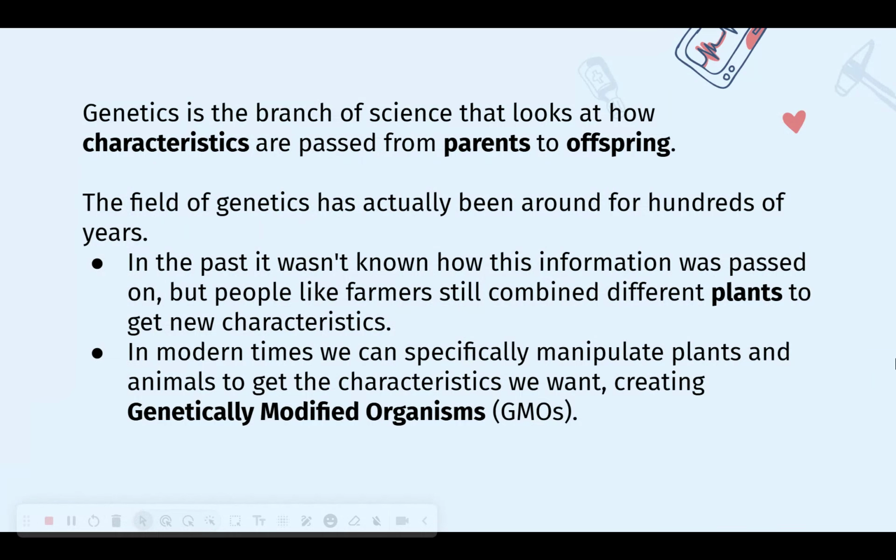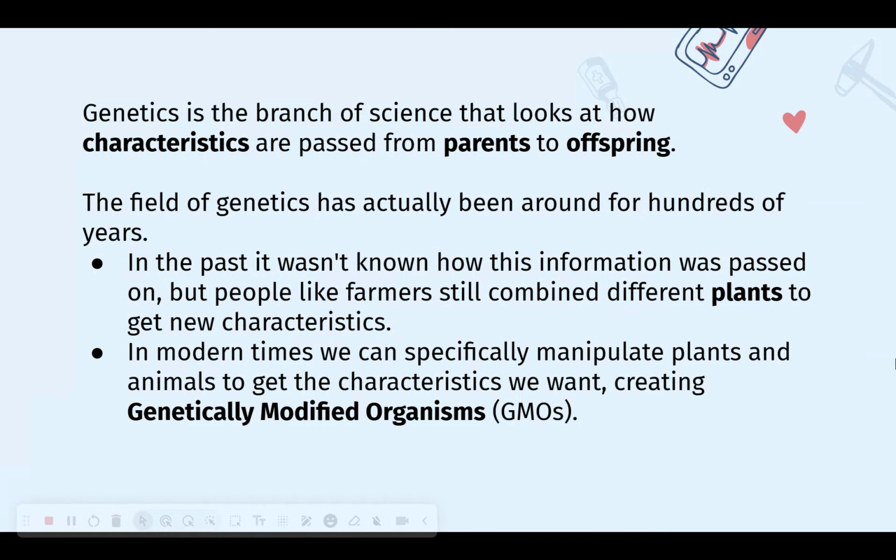So, in genetics, what we're looking at are specific characteristics that are passed on from parents to offspring. Those are the terms that we're going to use because it can be used regardless of whether it's humans or not. And in genetics, we can actually talk about how this has been happening for hundreds of years.